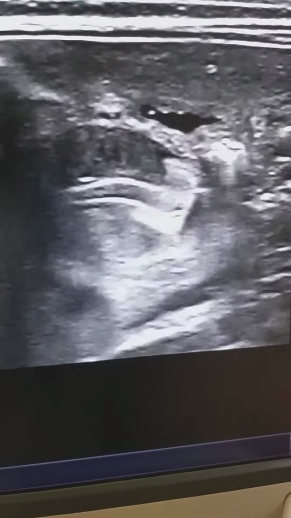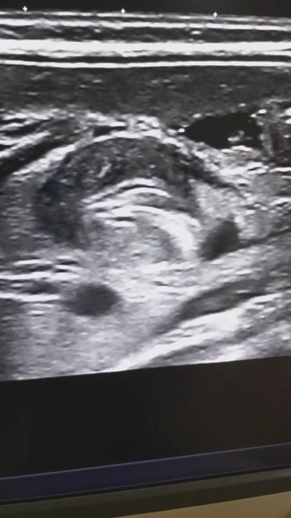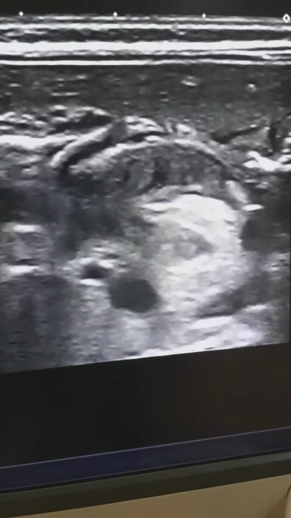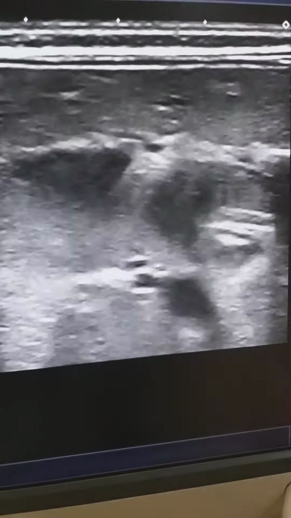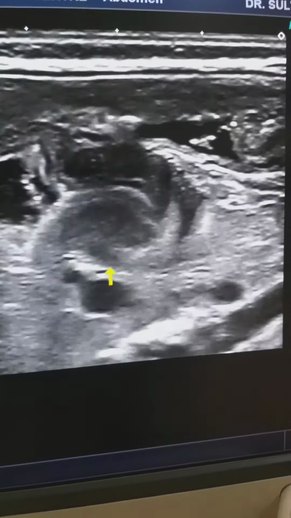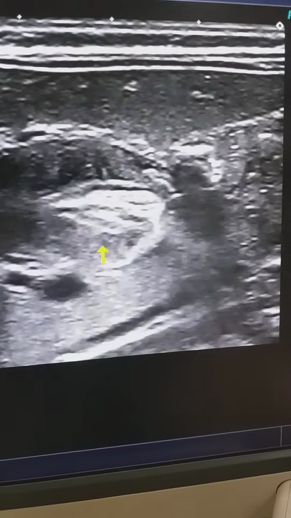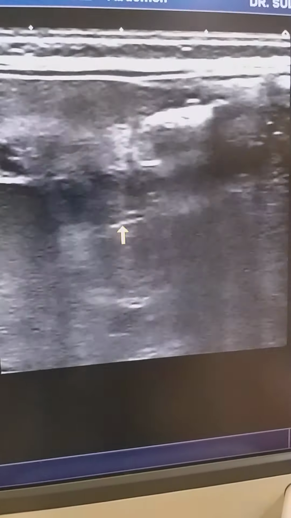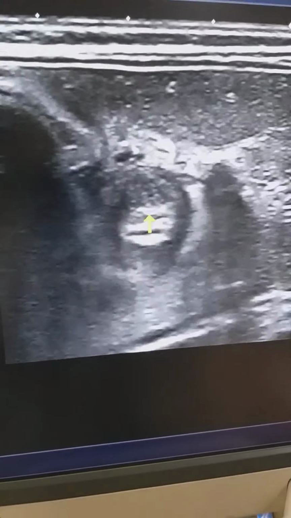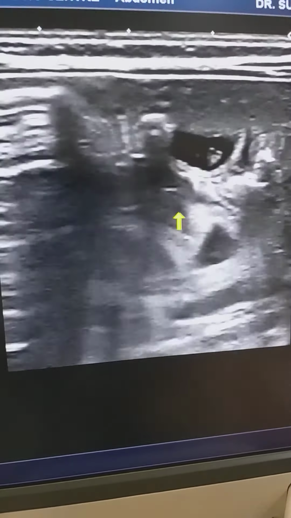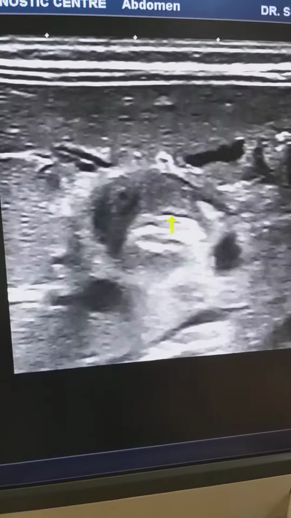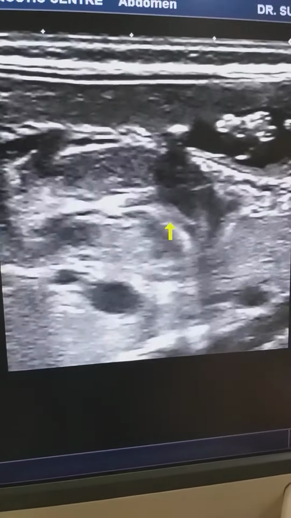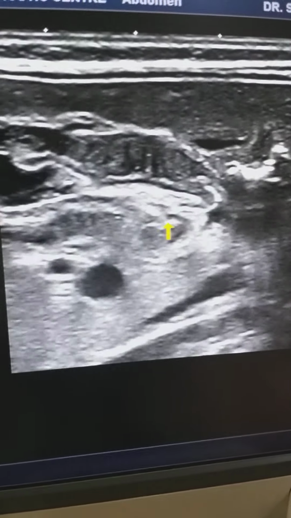If we see in a longitudinal direction, this makes the cervix sign, pseudo cervix sign, cervix of the female. So this is the cervix sign. And if we go to see the transverse section, this makes the target sign. So this was the typical case of pyloric stenosis.